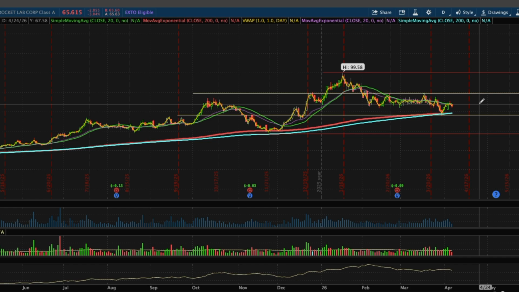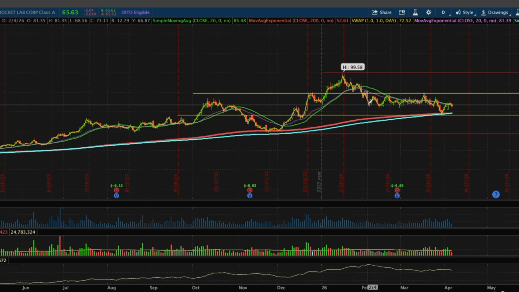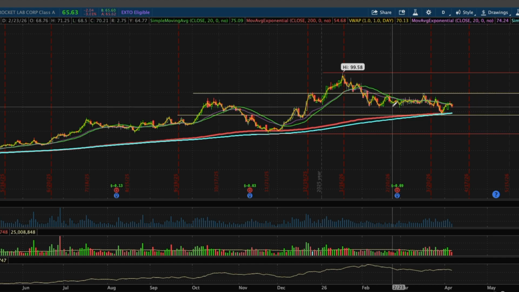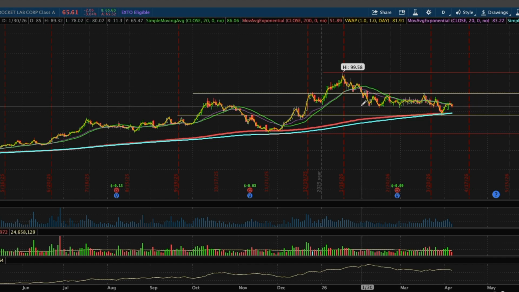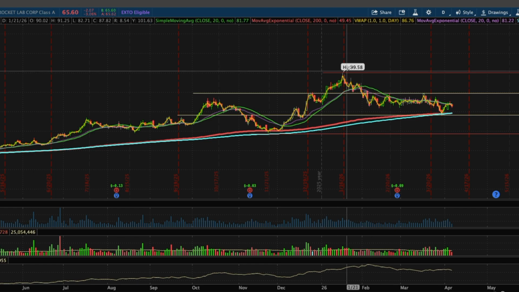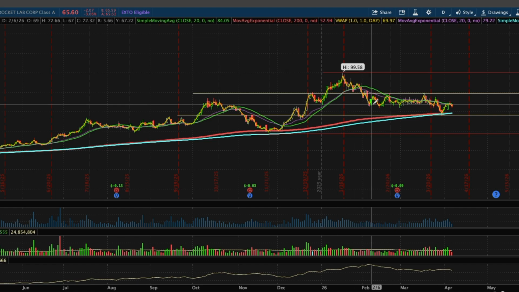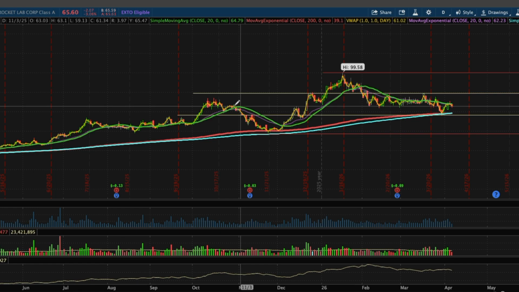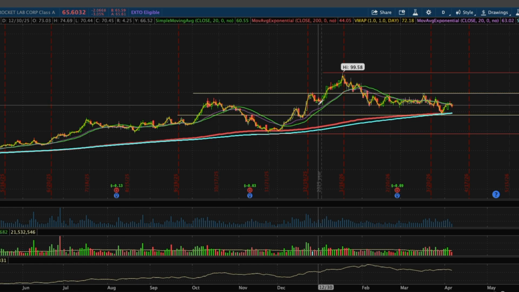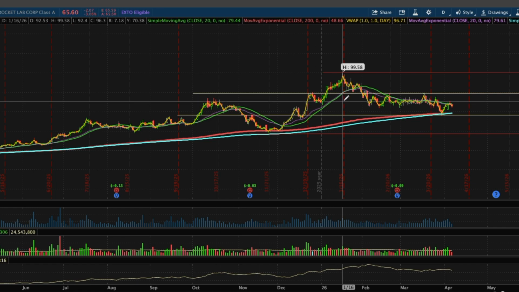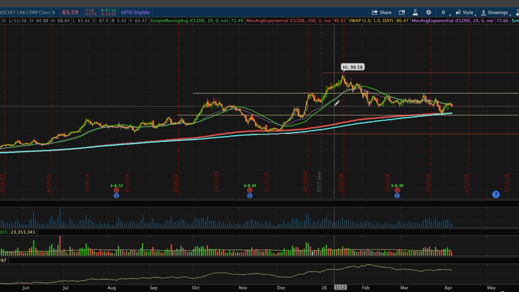Now we know that our real zone is right in here in the middle of these two lines, which was depicted by our quadrant lines. By looking at it, you can see that it's been respecting this area as it was up here chopping around. It's respecting down through here.